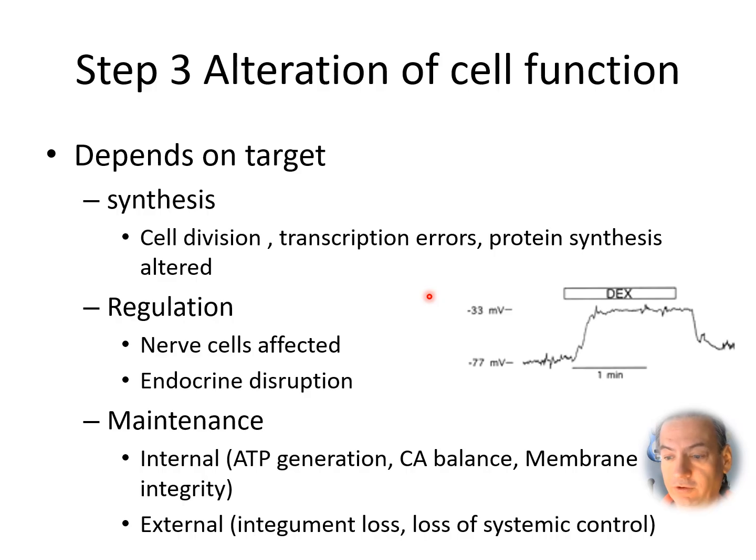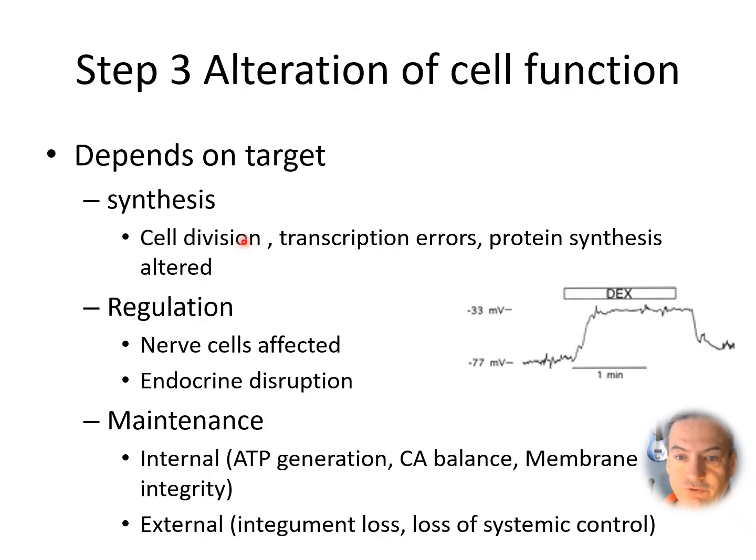So for example, one of the classic ways that cells go into dysfunction is with synthesis errors. So think of cell division, carcinogenesis, wild cell division, or the cells not replicating. There are toxins that prevent cell division, so you're not able to repair yourself.